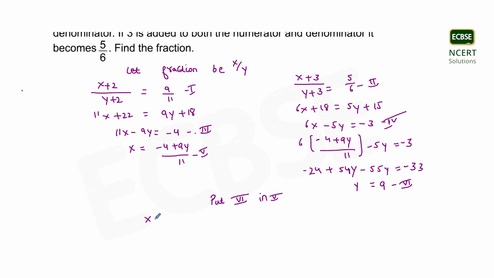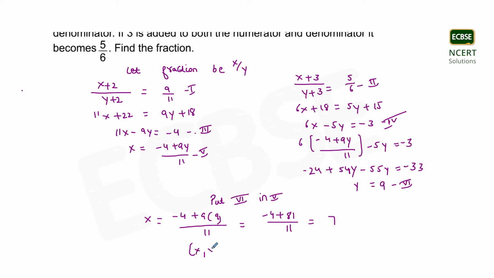Substituting this value, x comes out to be equal to minus 4 plus 9 into 9 divided by 11, which is equal to minus 4 plus 81 divided by 11. Right? And solving it, the value of x comes out to be equal to 7.